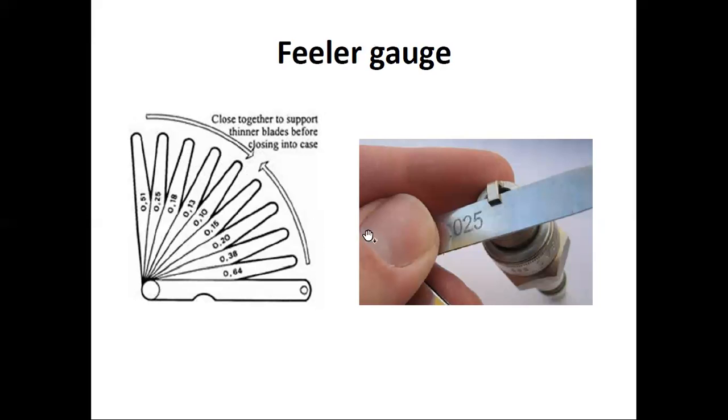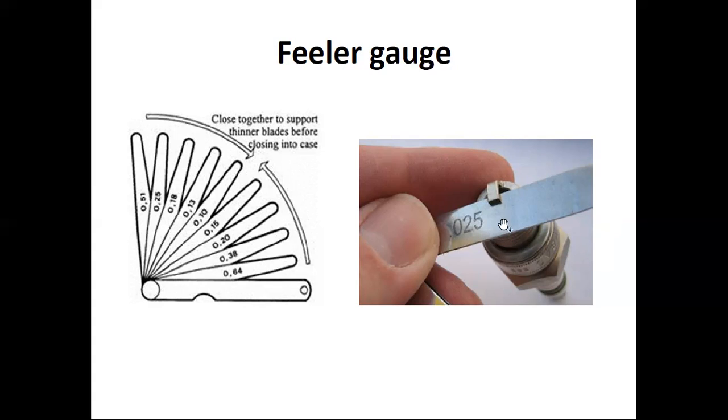Now filler gauge. Filler gauge is very important. These are available in various thicknesses. This is basically used for thickness measurement. Whenever there is a gap between two objects, that gap, the difference, should be measured with the filler gauge.